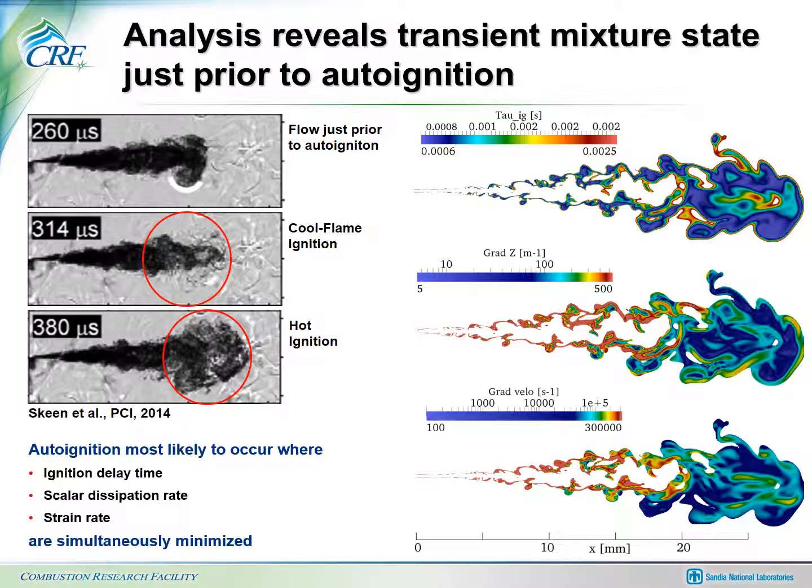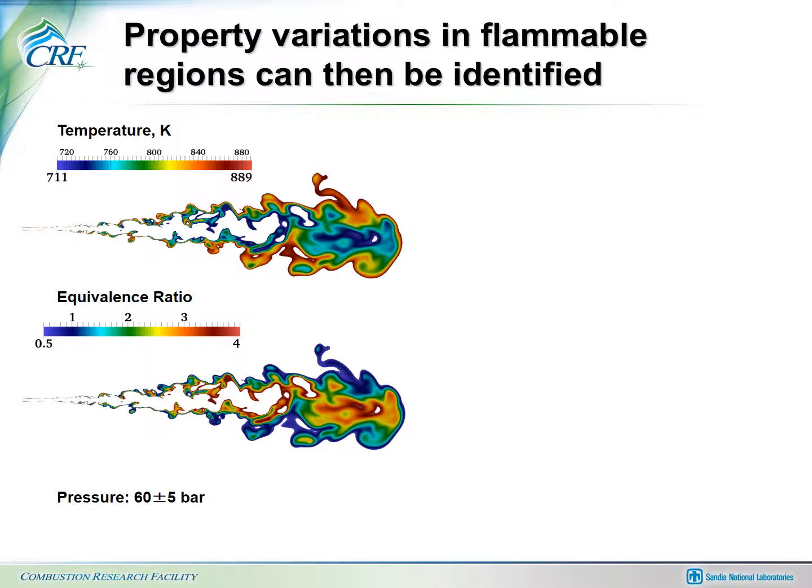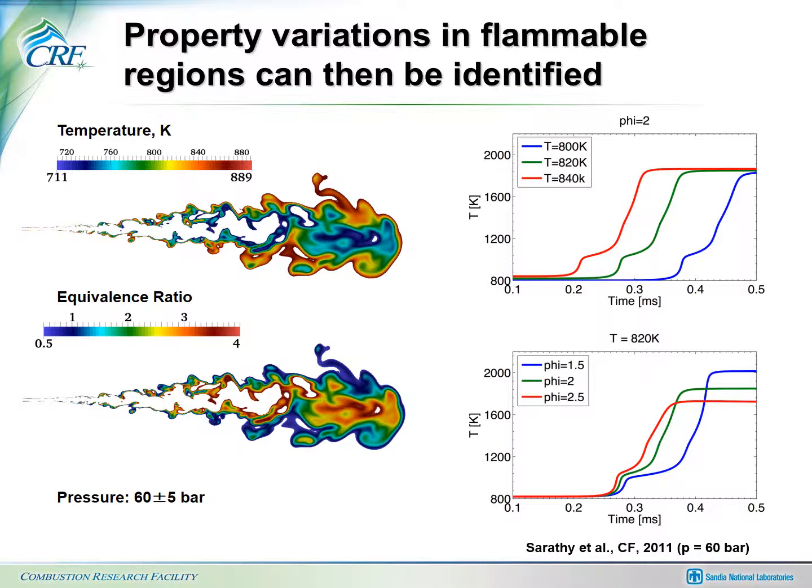And the three plots on the right are what show you that, just prior to ignition for this experiment. Then once you do that, we can identify the variations that occur in terms of properties, say temperature, equivalence ratio, and pressure in the flammable regions. That then lets us start looking at what we might want to do in terms of chemistry.